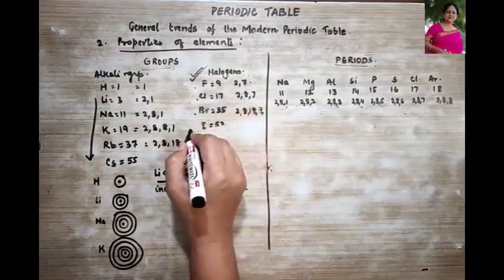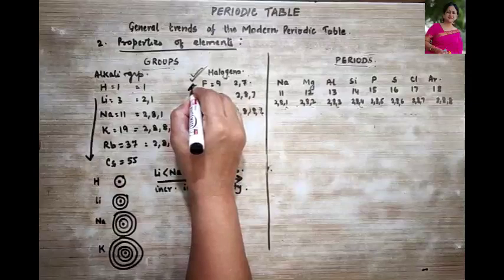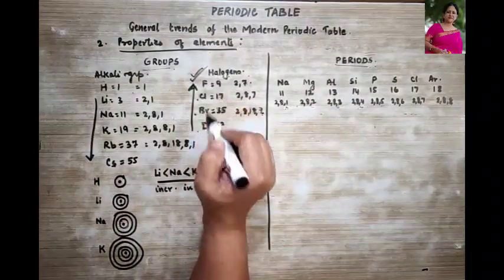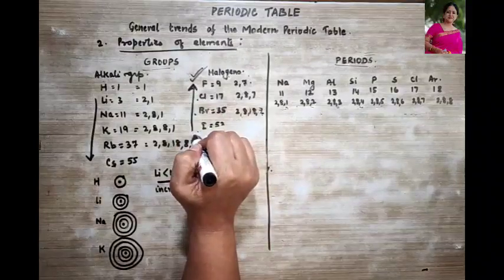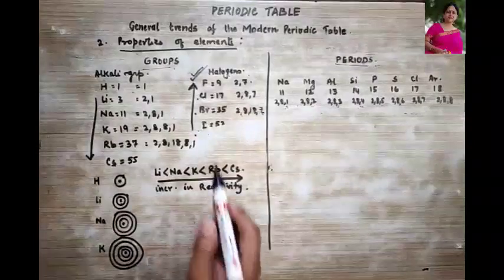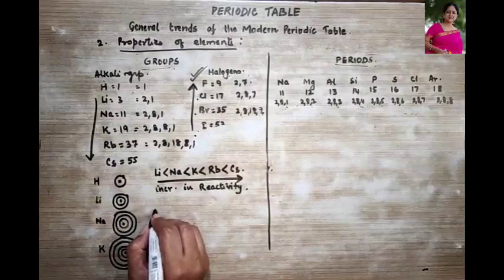So what did we study over here? This is an exceptional example. Over here in halogens, as we go down, the reactivity decreases, or as we go up, the reactivity increases. So what can we say over here?